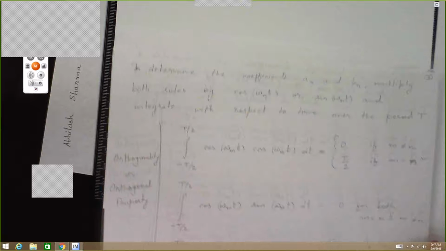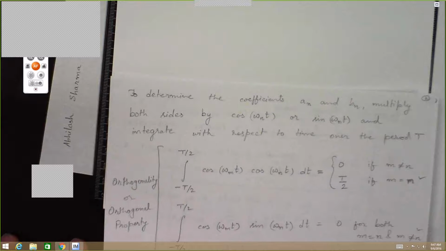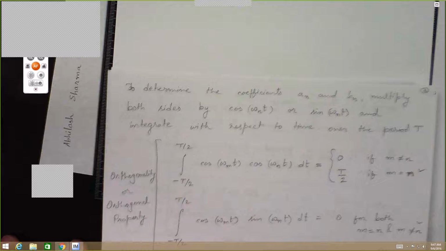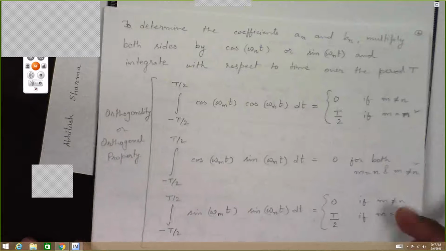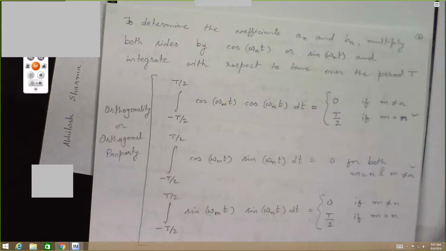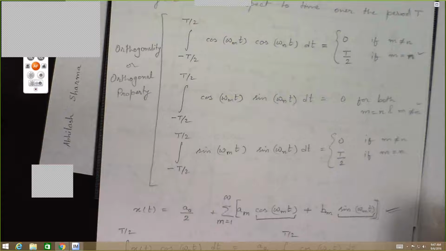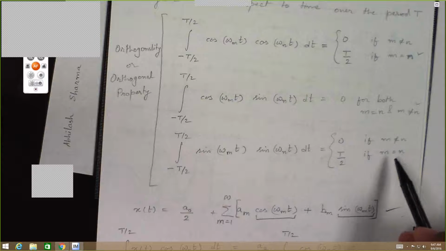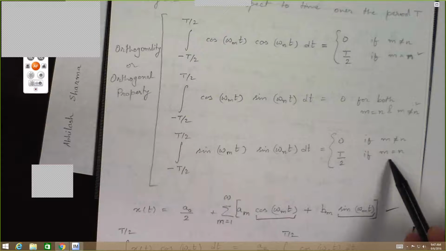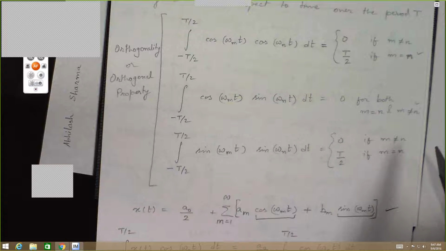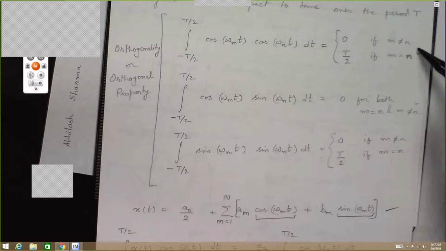Okay, so in order to determine those coefficients, what we did was we used the orthogonality principle, or the property that sine of omega mt multiplied by sine of omega nt will be 0 for all m not equal to n, and will be T by 2 for m equal to n. Similarly for the cosine terms as well, and all cross terms, cross multiplication terms are always 0.